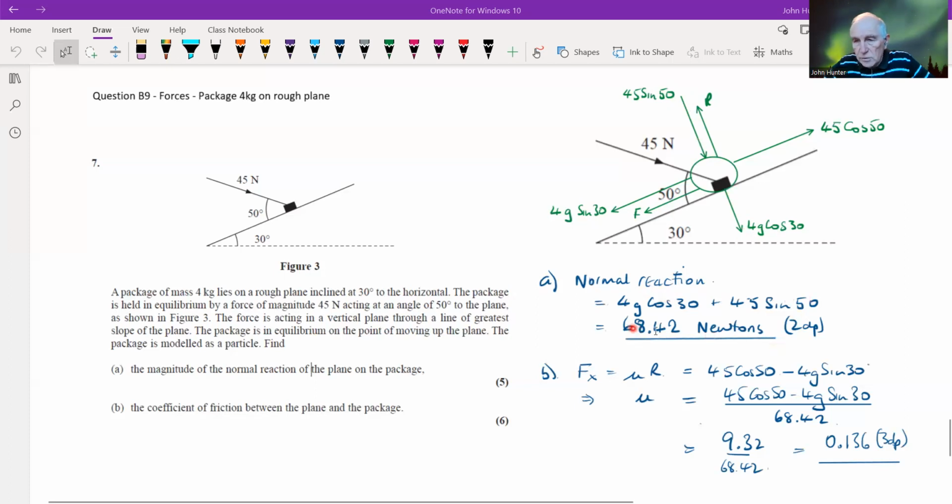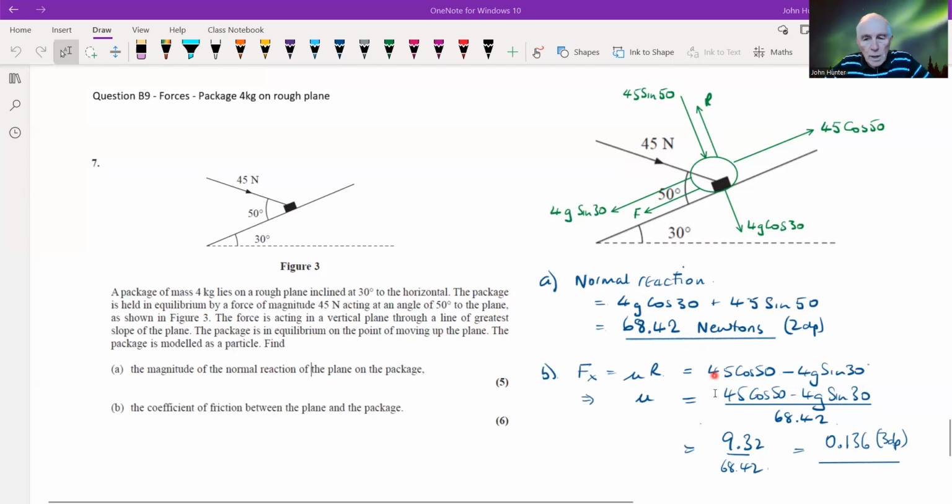And if we work that out using a value of g of 9.8 meters per second squared, we get 68.42 newtons to 2 decimal places, and that would be this reaction force here.